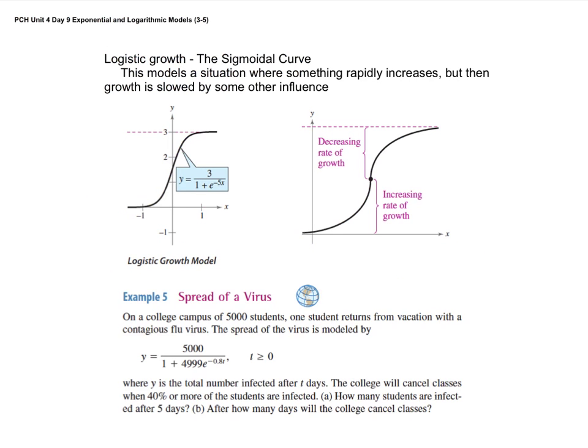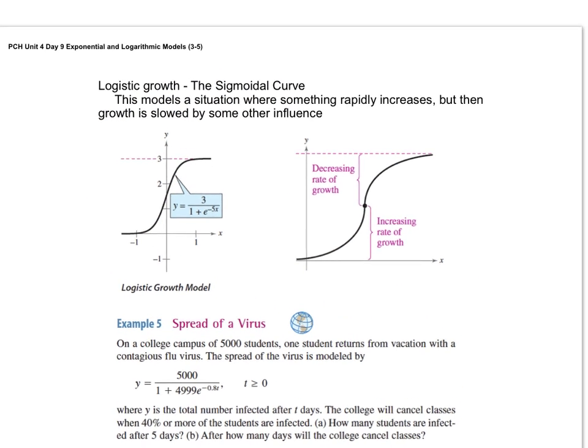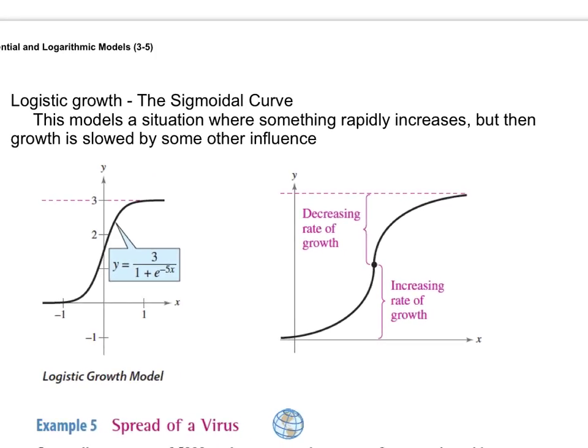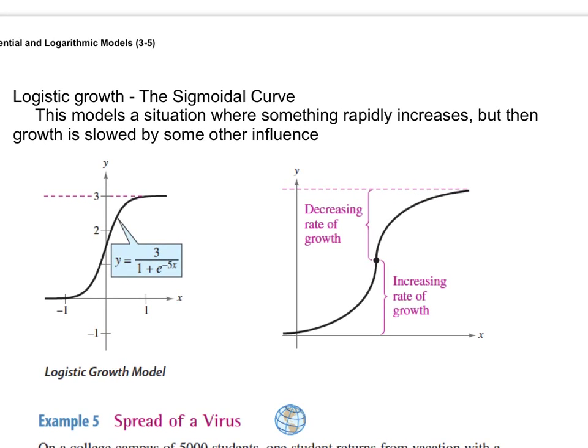A second application is our logistic growth. This is also known as the sigmoidal curve. Kind of a cool word to say, sigmoidal. You'll notice here again, I give you an example.